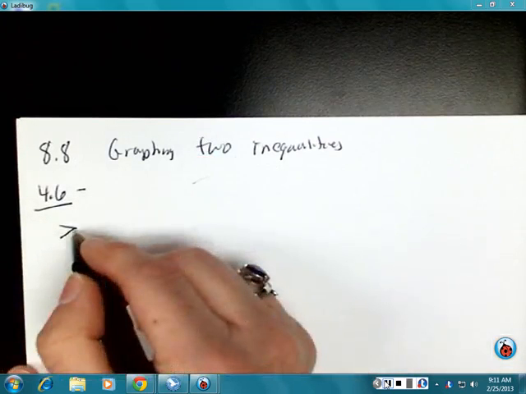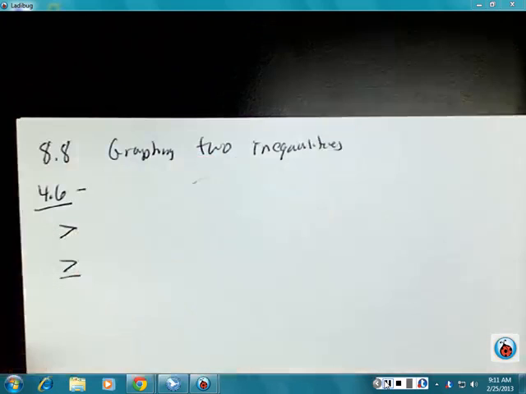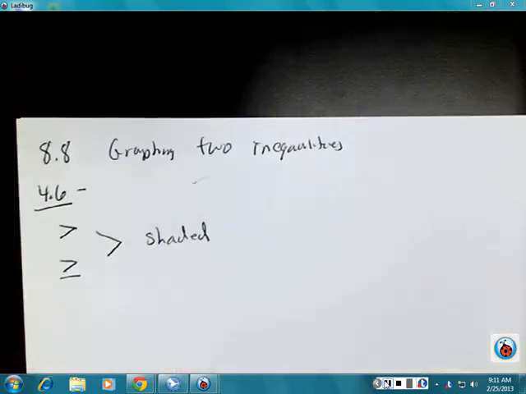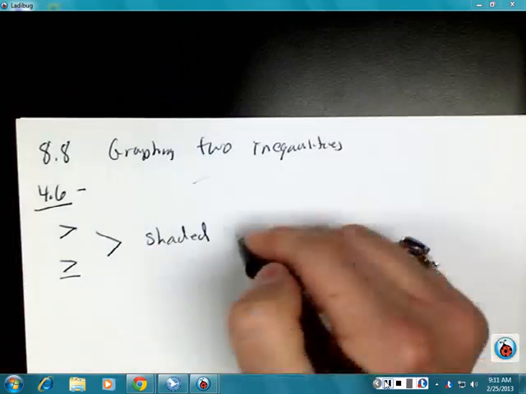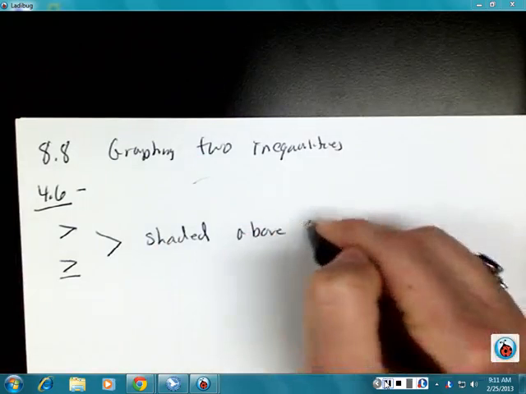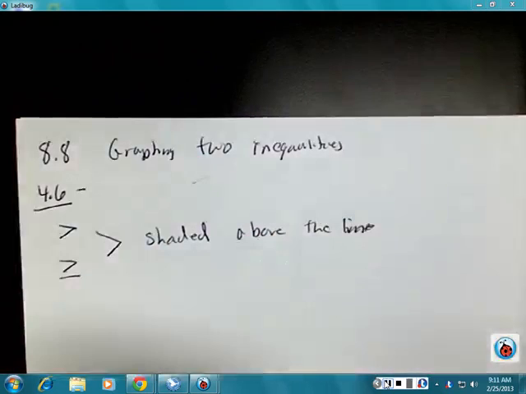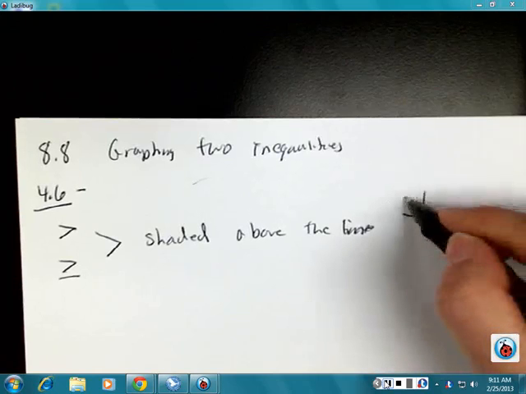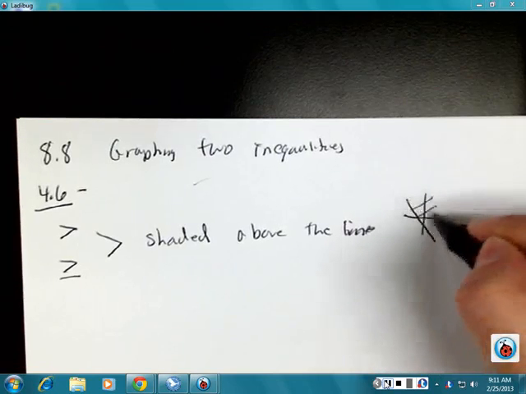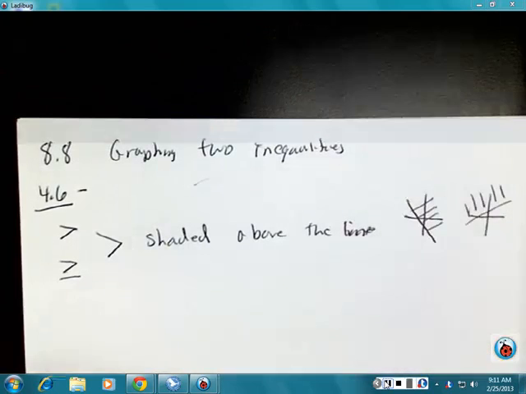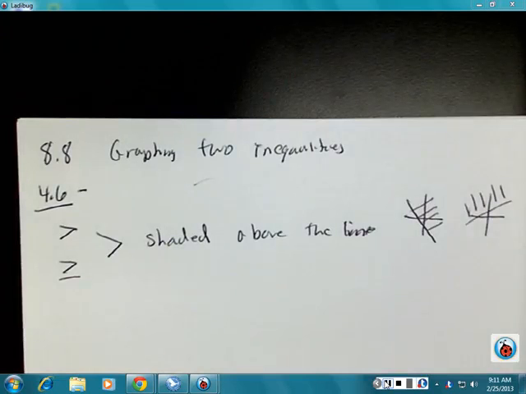We had greater than or equal to, and when we had both of these, we shaded above the line. So if we had this graph, we would shade above the line. Or if we had this graph, we would have shaded above the line, okay?